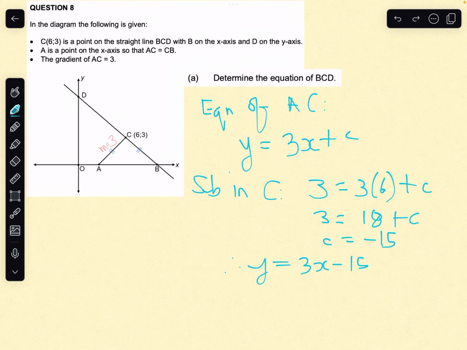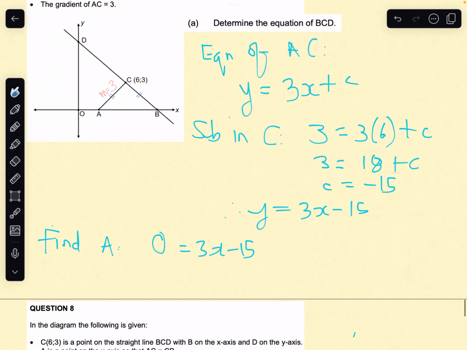Now to find the coordinates of A, we know that the y coordinate is 0, and then we can add 15 on both sides, so therefore x is equal to 15 divided by 3, which is 5.